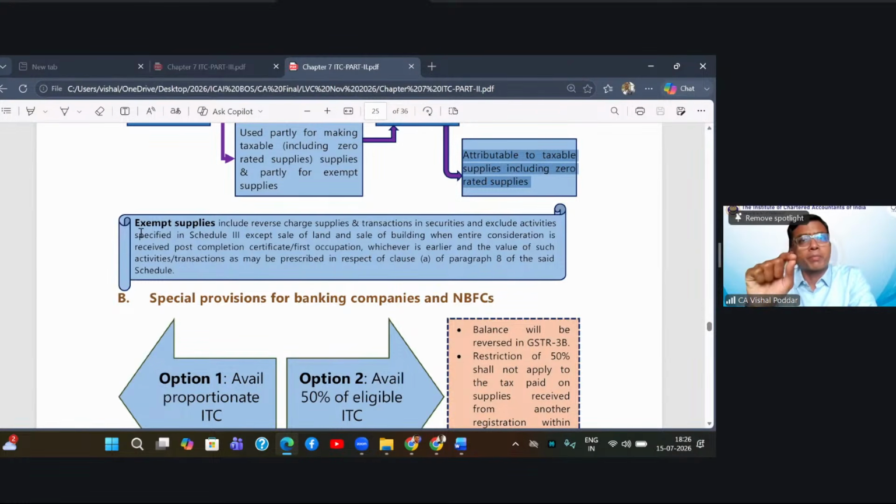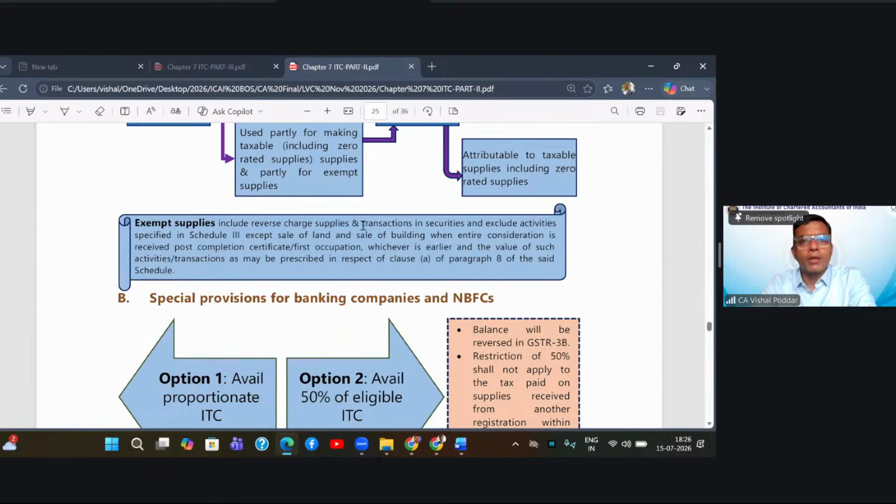But limitedly for the purpose of this section, that is proportionate ITC under Section 17, the exempt supply definition has been expanded to further include, besides the three supplies, those supplies which you have made but you don't have to pay tax because they are reverse charge transactions. So wherever you are making an outward supply which is under RCM, so you are not going to make payment of tax on it, that will be treated as exempt.